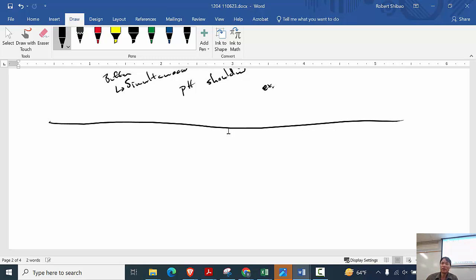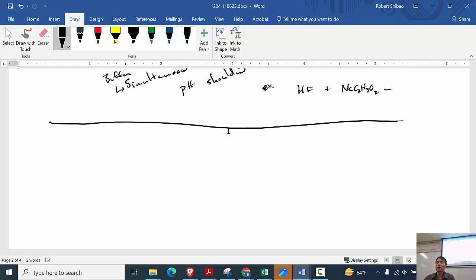Pick a weak acid, hydrofluoric, and pick a weak base, acetate. All right, we'll do sodium acetate. Hydrofluoric acid and sodium acetate.